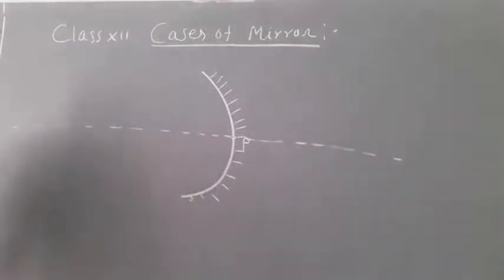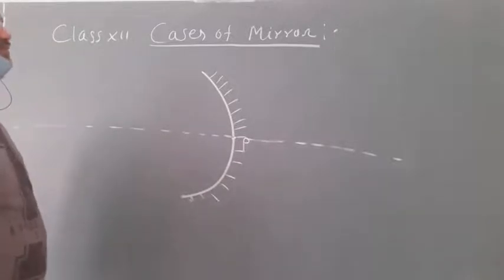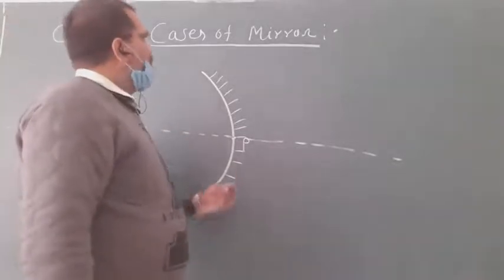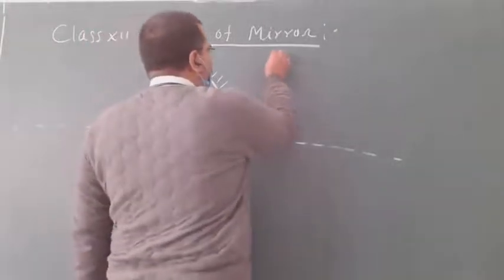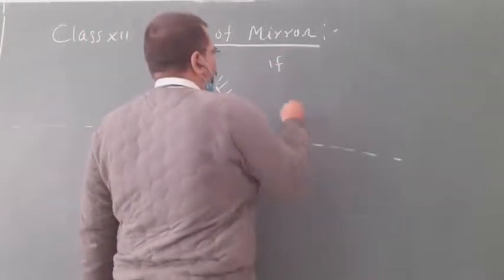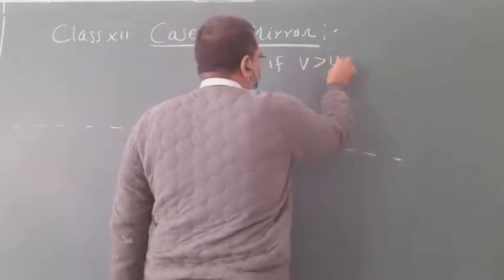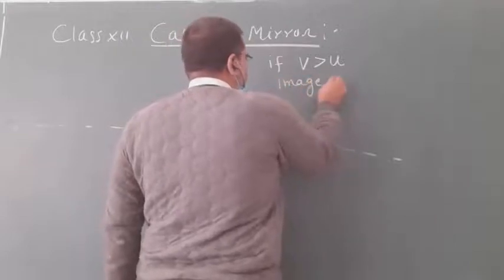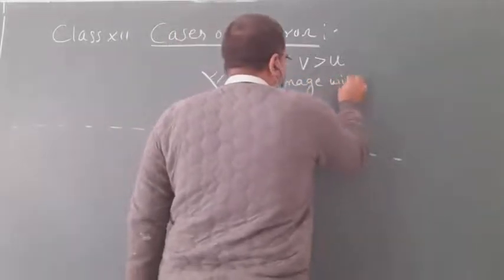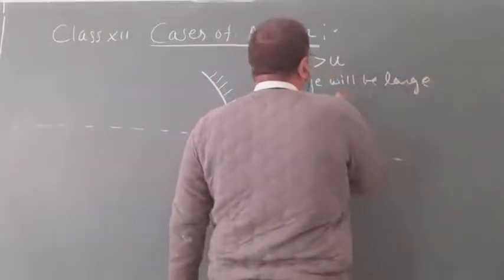Okay? Listen, one thing, some points you have to remember. If V is greater than U, then image will be large, and vice versa.